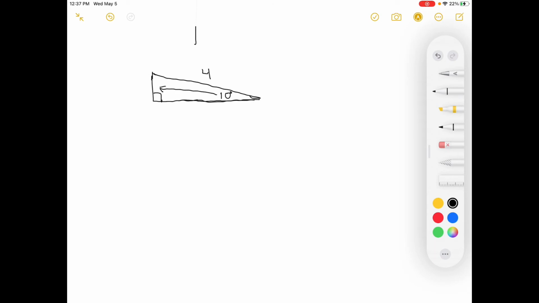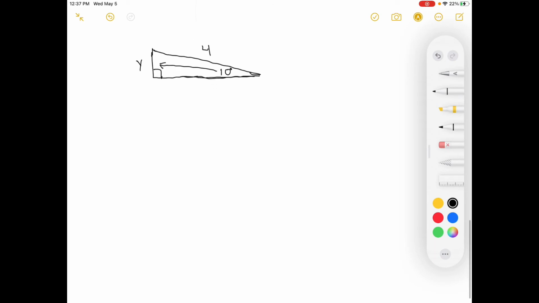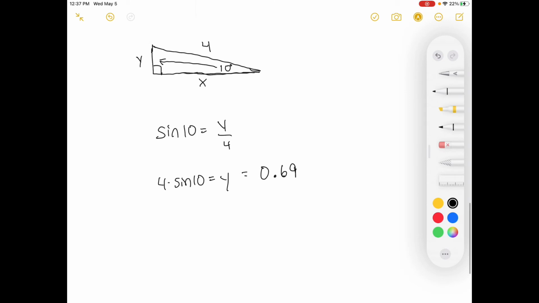Now let's do SOHCAHTOA. Let's find y first. To find y, we'll do sine, because it's opposite over hypotenuse. So sine 10 equals my y over 4. Multiply both sides by 4. We get 4 times sine 10 equals my y, which is 0.69. Remember, it's positive. And then to find my x, we'll do cosine.